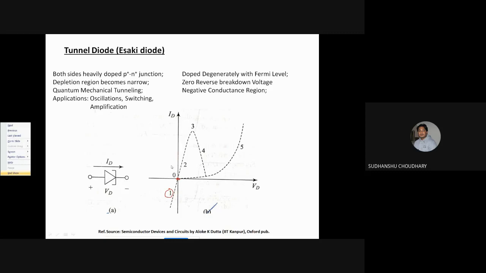So that means the current should increase, and the current should be solely because of tunneling in this case, right? Which is represented over here by number 2. That is, this portion of the IV characteristic is due to the tunneling of electrons from n side to p side when a small forward bias is applied.